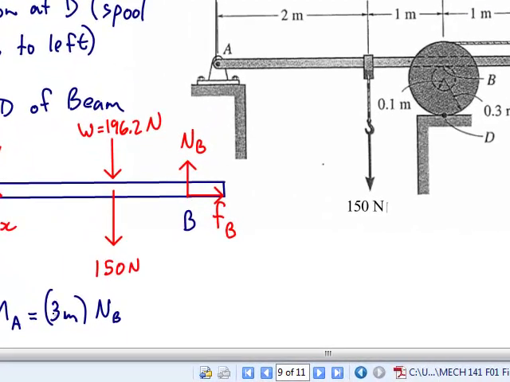3 meters NB minus 2 meters, 196.2 newtons plus 150 newtons.